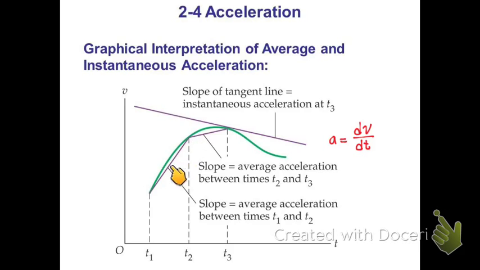If you connect these 2 points by a straight line and calculate the slope, the slope of this line is nothing but the average acceleration between these 2 points.